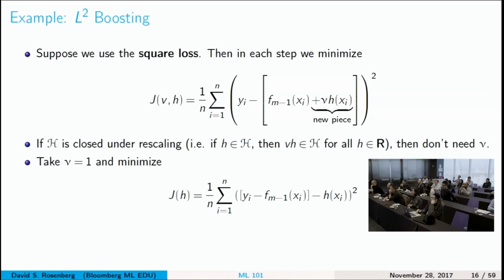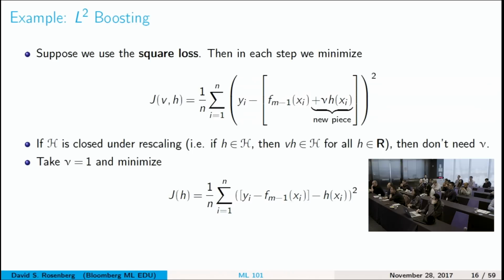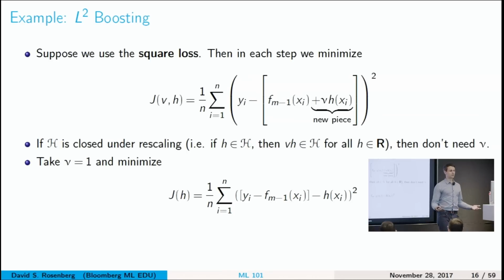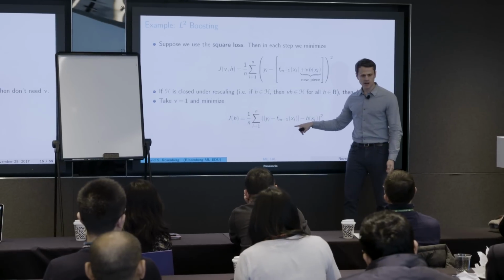Yeah, for the current prediction function f_{m-1}, what's the prediction on xi? And then yi minus that? It's the error, or residual, on the ith point. So given the prediction function we have so far, this term is the residual on the ith data point.